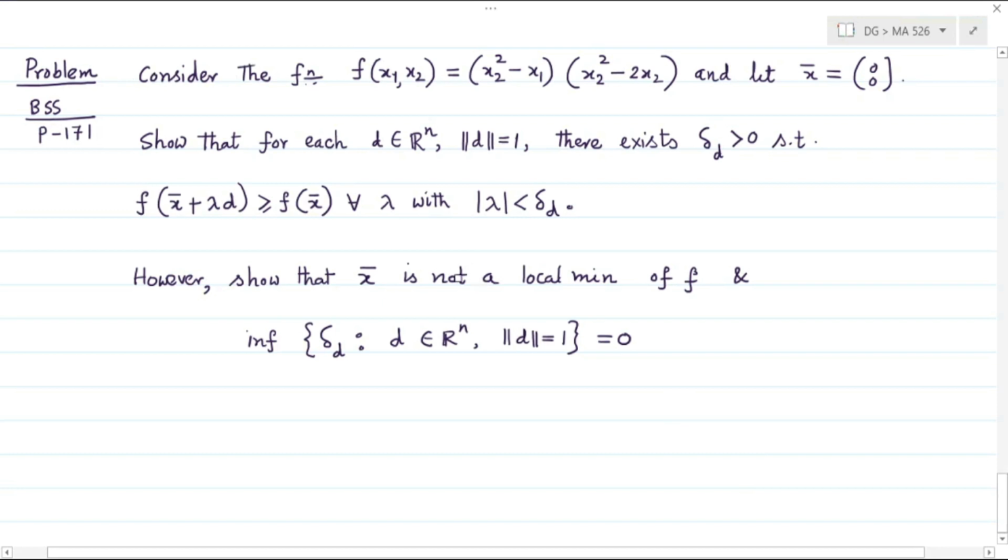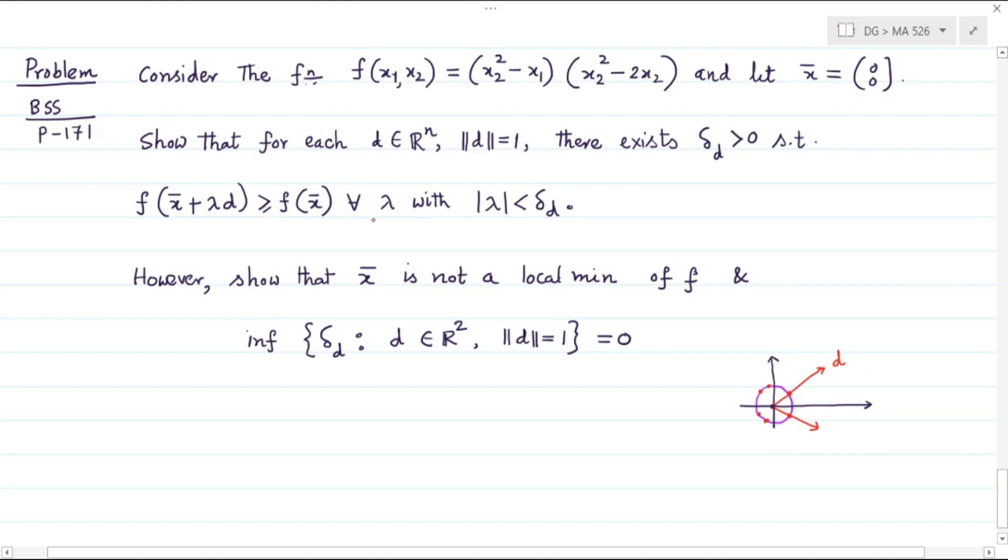Fine. And what this result is saying is that the function of one variable along every possible direction d gets a local minimum at the point x bar. So origin, we have to show that origin is a local minimum for every d. You consider f of x bar plus lambda d, and for that function you have to show lambda equal to 0 is a local minimum. That is what this inequality says, right?